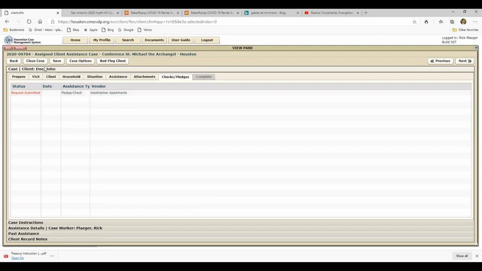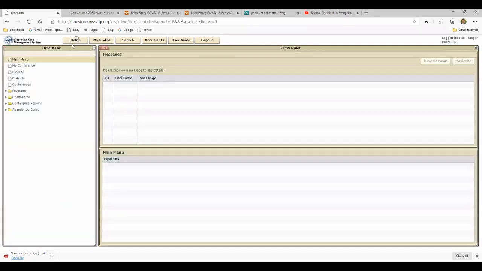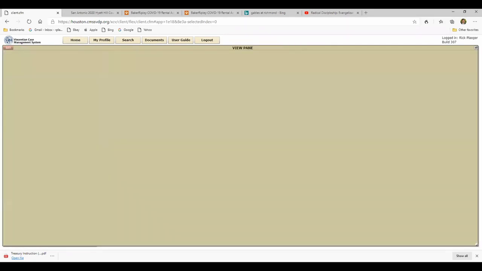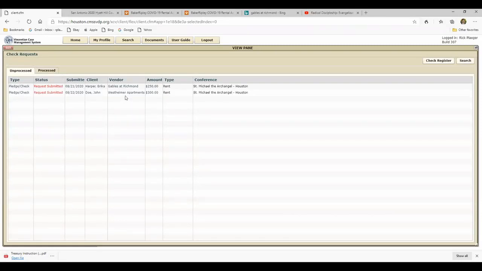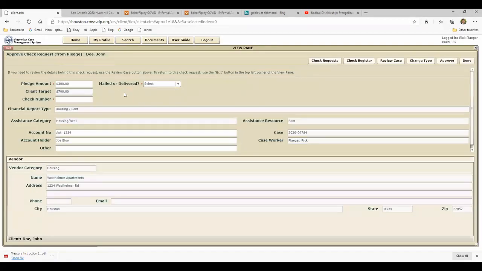What will happen is that, again, the treasurer will be looking for check requests, and will notice that there's one here for John Doe. The treasurer will be entering the check number, will indicate whether it was mailed or delivered, if it was delivered, when it was delivered, and where it was delivered to, and will approve it.